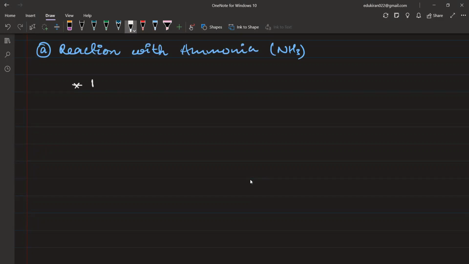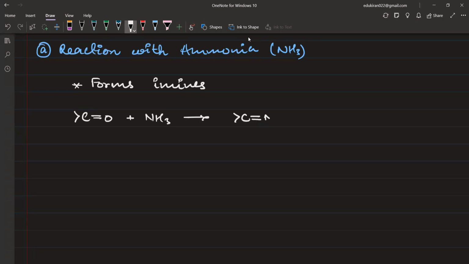It forms imines. C double bond O, generic reaction I'm writing, C double bond O plus NH3. This is going to give you C double bond N and H.